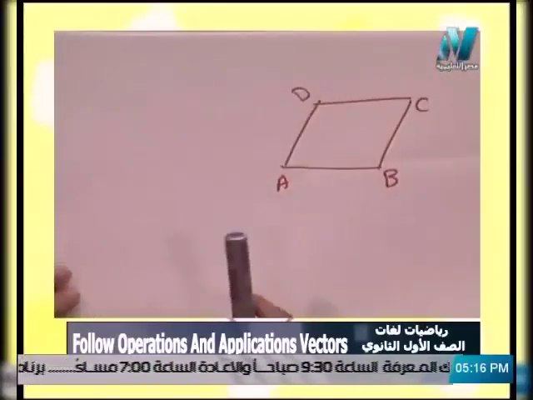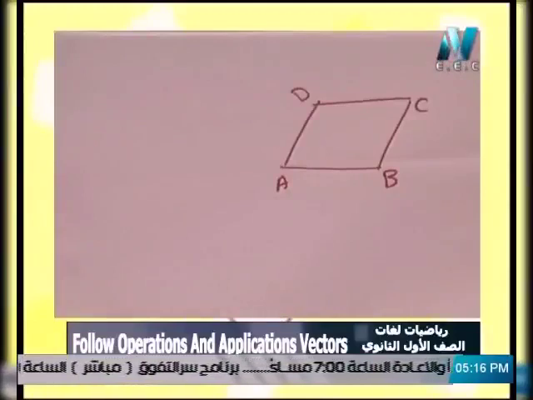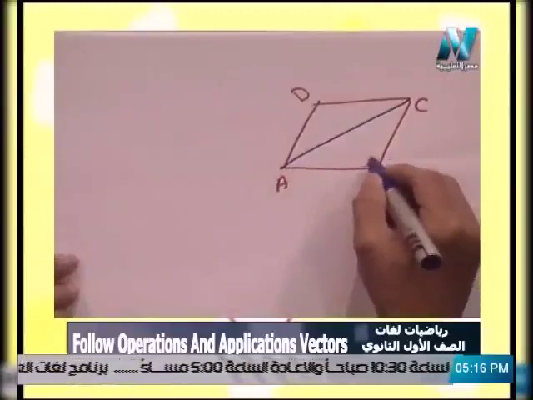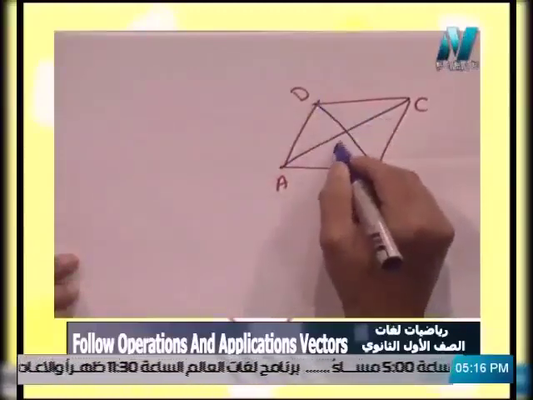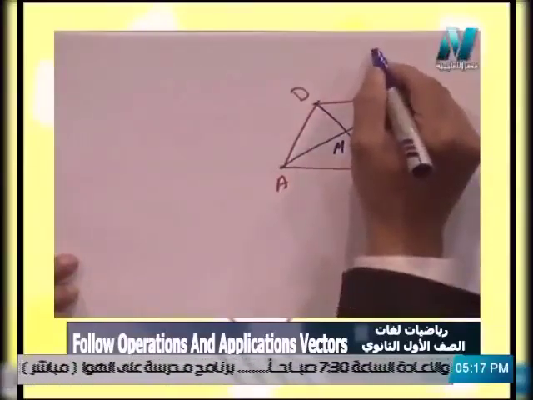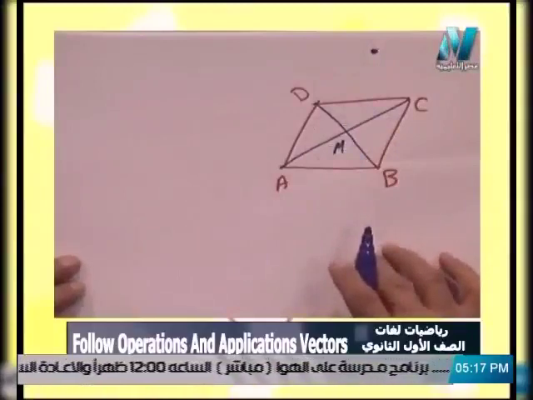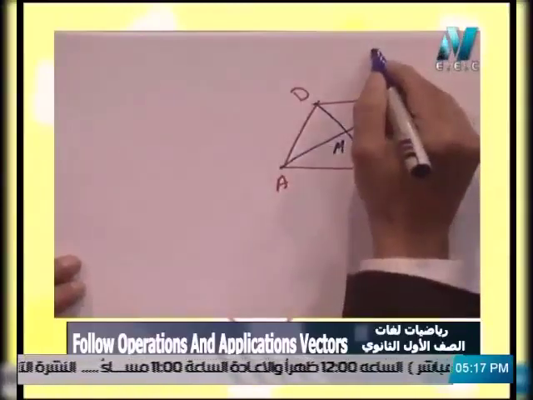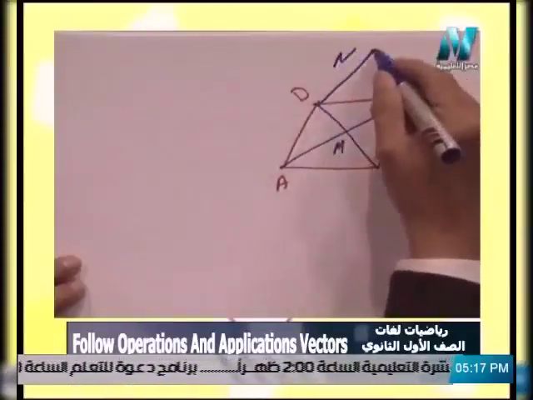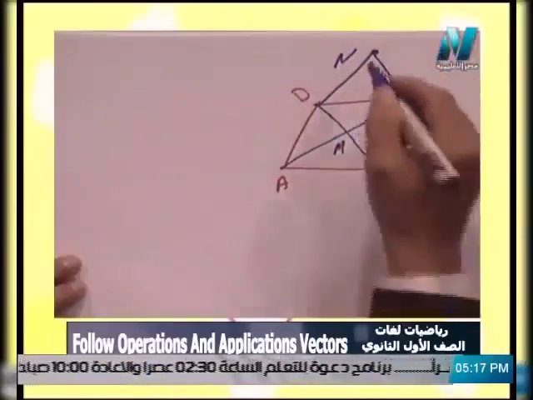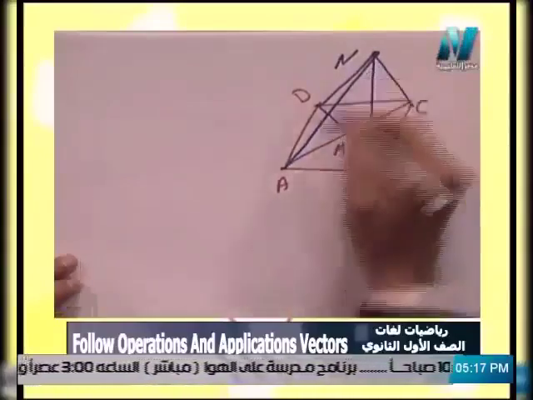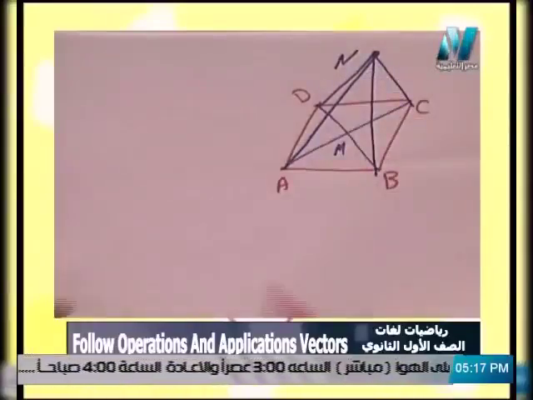So we have a parallelogram here, A, B, C, D, and we have also CA and BD, which intersect at M. They are diagonals, and we have N, a point in the plane of the parallelogram. We have ND and NC, NA, NB, and finally NM.